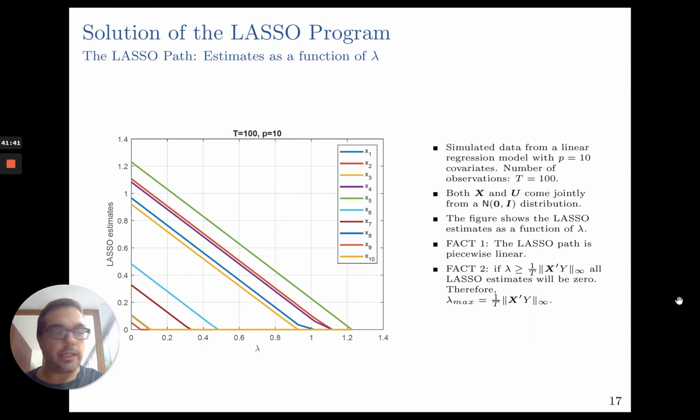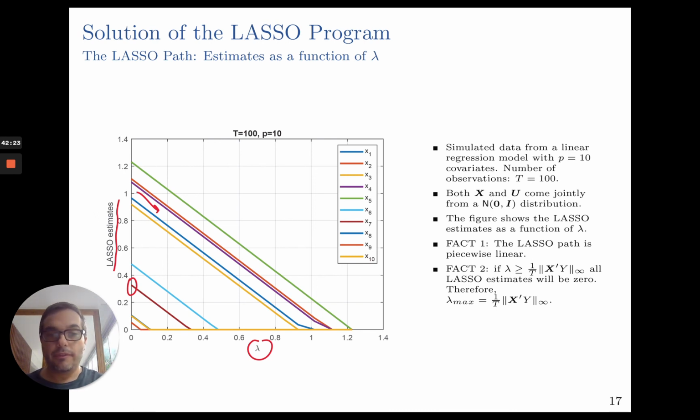On the X-axis, we have lambda, increasing in value, and on the Y-axis, we have the lasso estimates. If we have no penalty, here are the estimates, for instance, of this coefficient. As we increase the penalty, you see that the lasso solution is decreasing because we are increasing the amount of shrinkage, but the path is linear. It goes linearly to 0. In fact, the lasso path is piecewise linear.